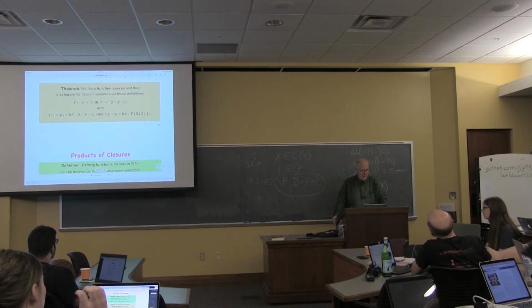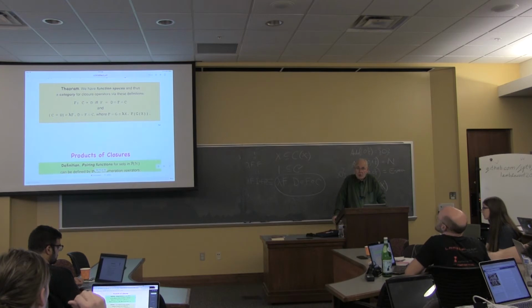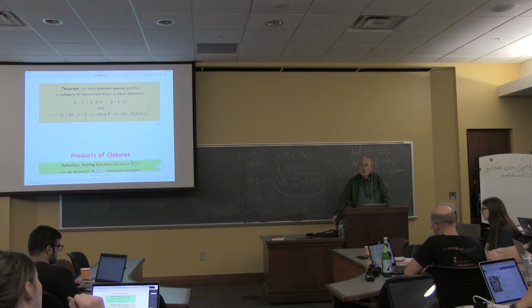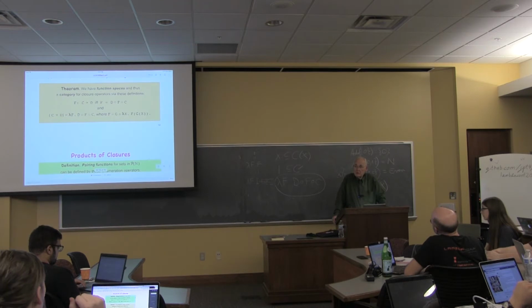So in other words, C arrow D is a closure operator whose fixed points represent all the continuous functions from the fixed points of C to the fixed points of D. So the thing is, you see, we're able to reduce types here. Instead of thinking about the space of continuous functions as a higher type function, we've actually been able to reduce it to thinking of a specific closure function.